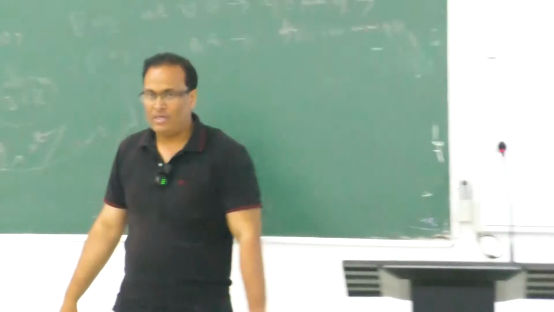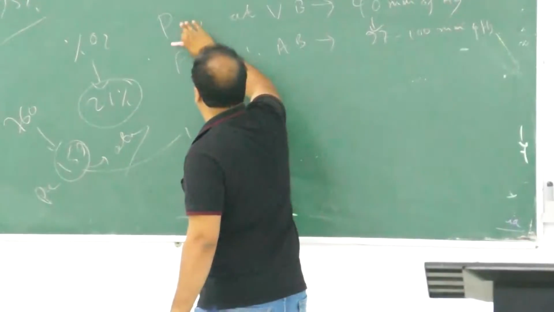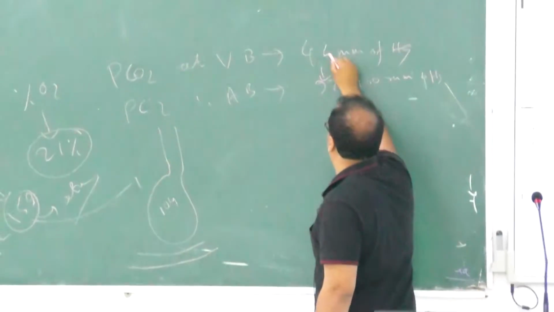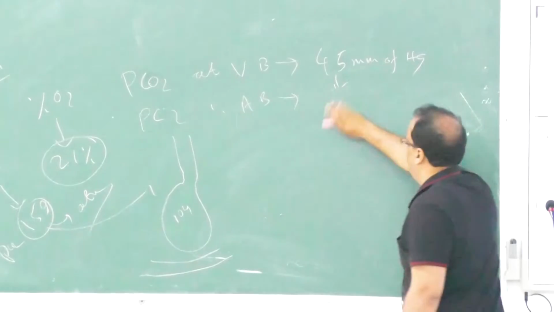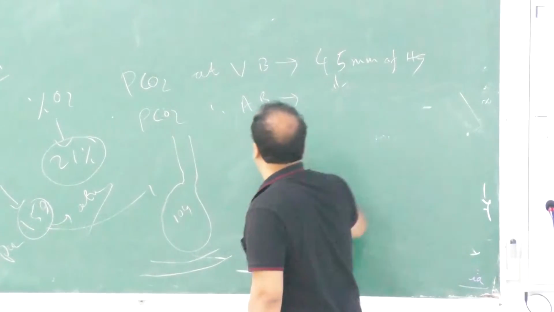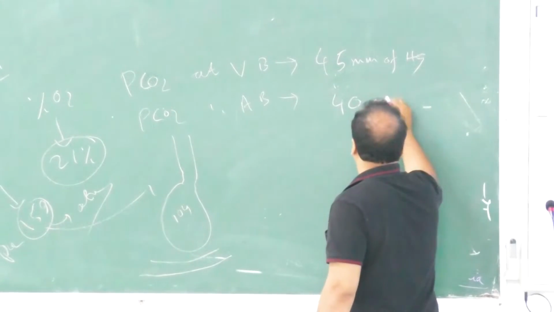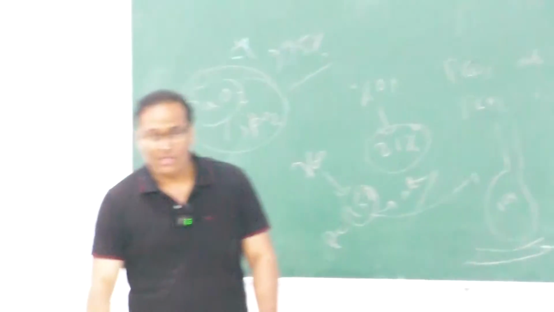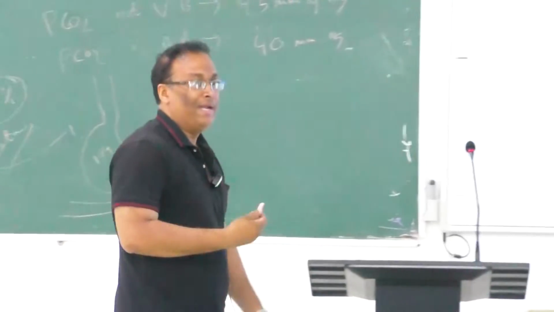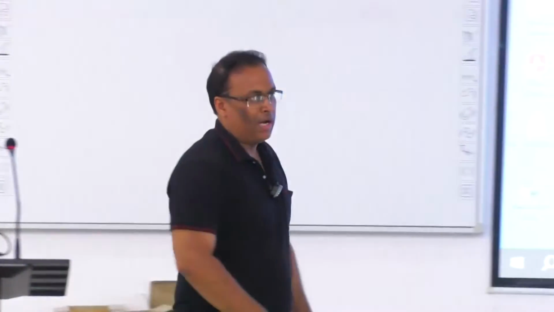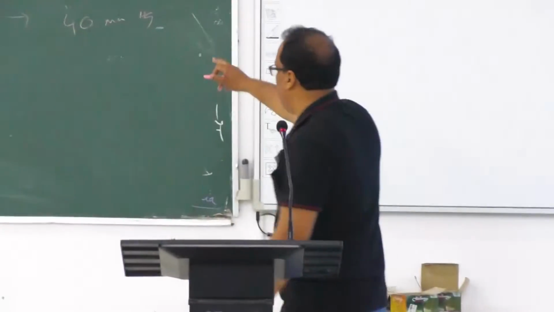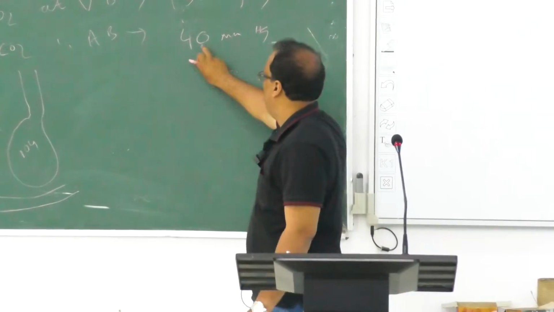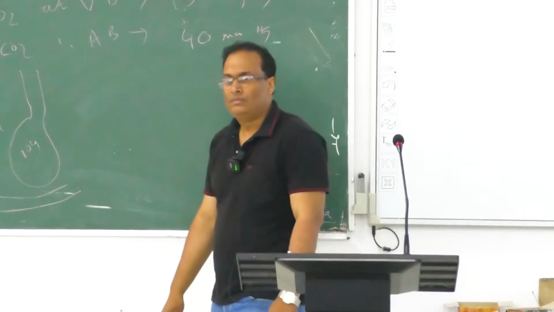What about carbon dioxide? In the carbon dioxide, it is 45 or 46 in venous blood, and in arterial blood 40. Now can you tell me the content of carbon dioxide in these two bloods? That means how many ml per 100 ml of blood is present in the venous blood as well as in the oxygenated blood?